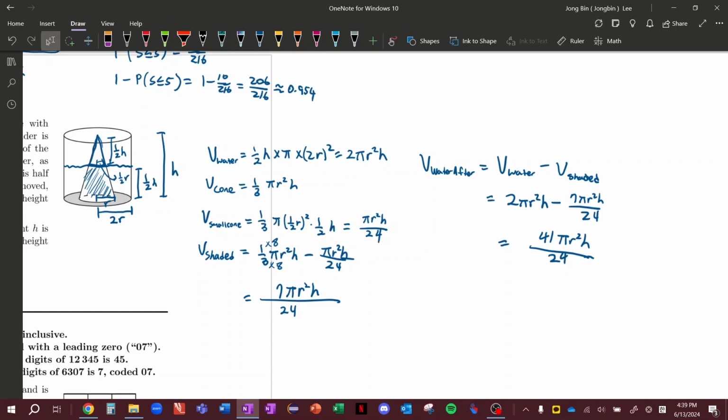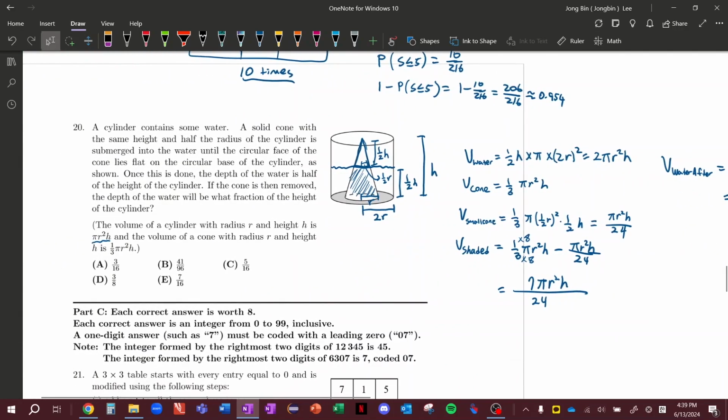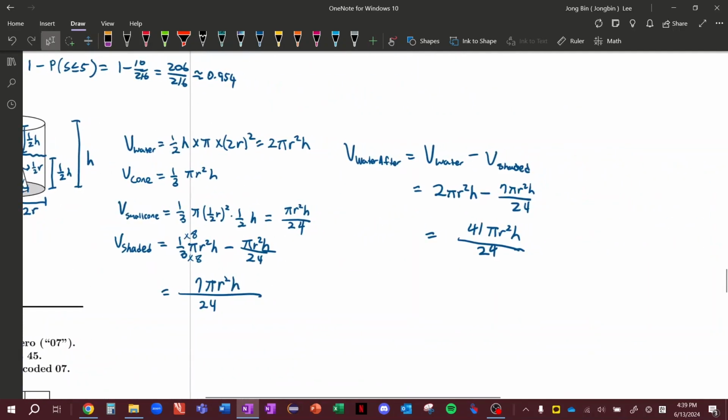And remember, this is the volume of the water afterwards, and the question is asking what fraction of the height of the cylinder the water would have in height. So this 41 pi r squared h over 24 is equal to 2r squared pi times the new height, which I will represent as h prime. So we're basically calculating h prime.